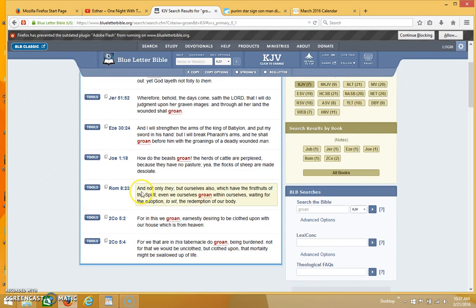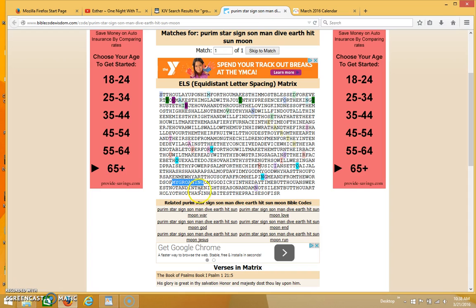Okay, over here it says, and not only they, but ourselves also, which have the first fruits of the Spirit, even we ourselves groan within ourselves, waiting for the adoption, to wit, the redemption of our body. So I believe this is making reference to the time of travail on the earth, as well as, of course, what's in the context here.